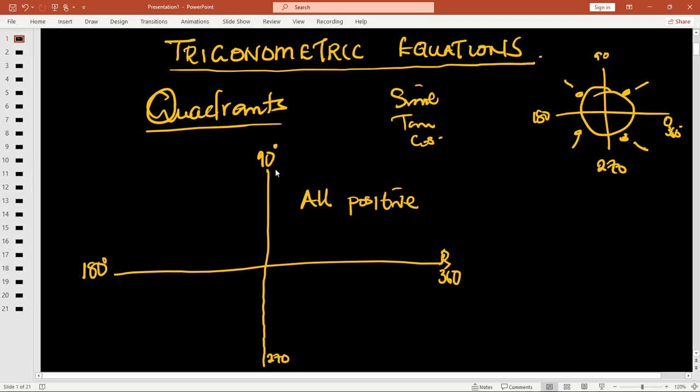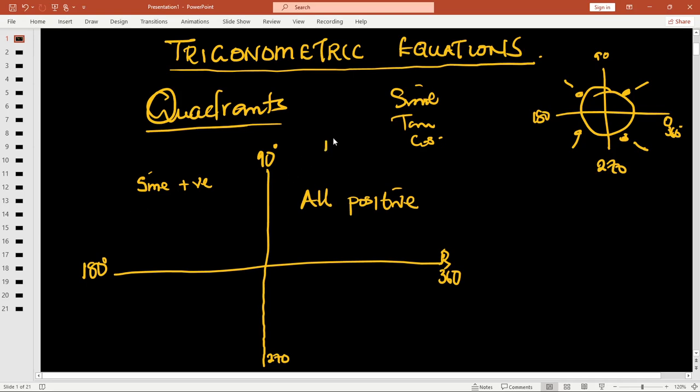Then between 90 degrees and 180 degrees, the only positive function that we have is the sine function. So here we're going to say that the sine function is positive. Okay? Then the remaining functions, the tangent function and the cosine function, are negative in the second quadrant.